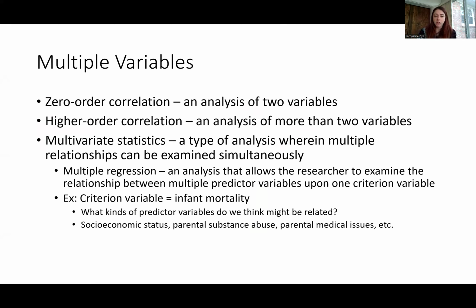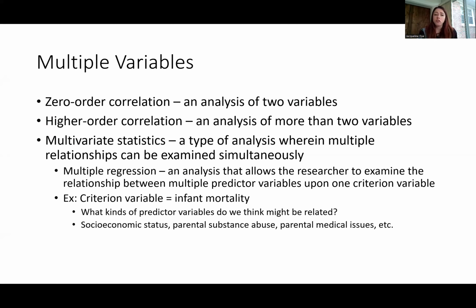So if we take a quick example of infant mortality, you could correlate parental substance use with infant mortality and just look at that one relationship. Or you could kind of hypothesize here, what else might impact infant mortality? Socioeconomic status, perhaps, the amount of resources that a new family has, substance abuse, we just talked about, any kind of parental medical issues.